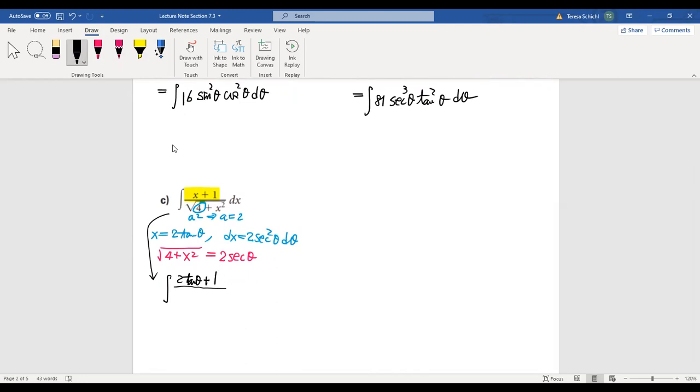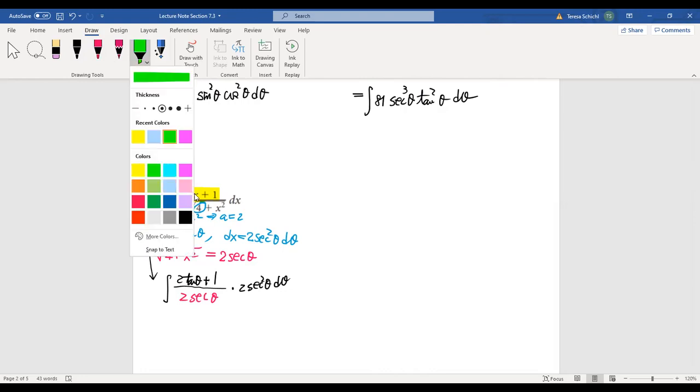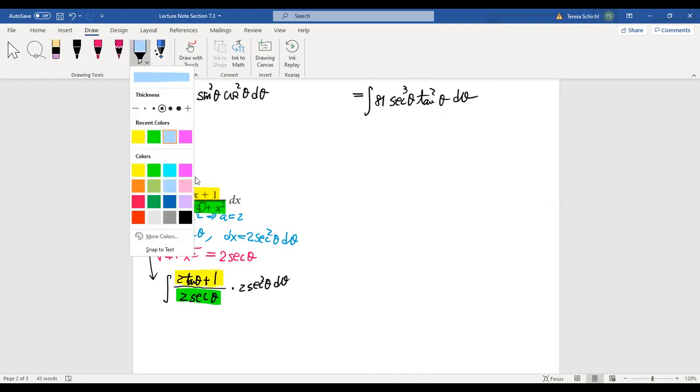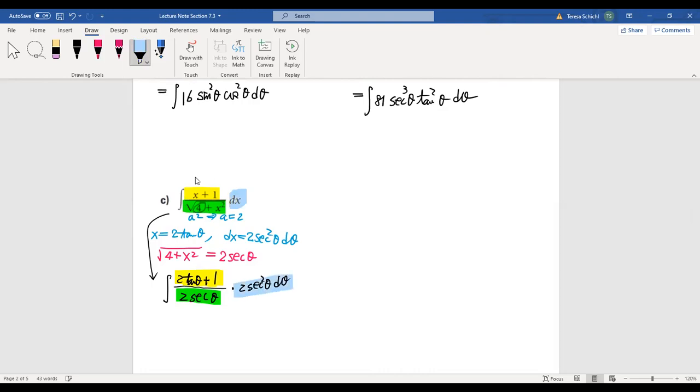Then dx is times 2 secant square theta d theta. Then the bottom, this is the square root of 4 plus x squared, so it will be 2 secant theta. Let's see if we got everything covered.